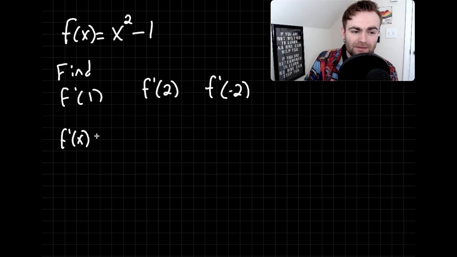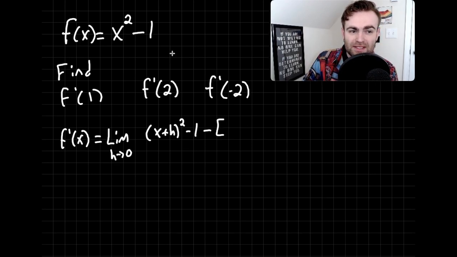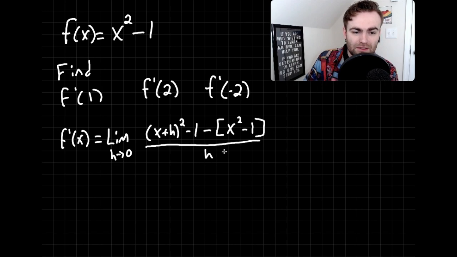So f prime of x is the limit as h approaches 0 of f of x plus h, so that would be x plus h squared minus 1, and then we're going to subtract f of x, this x squared minus 1, all over h.